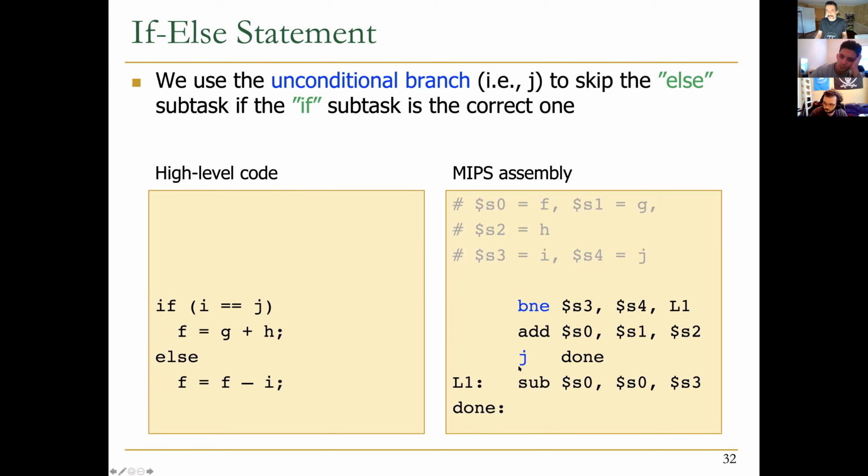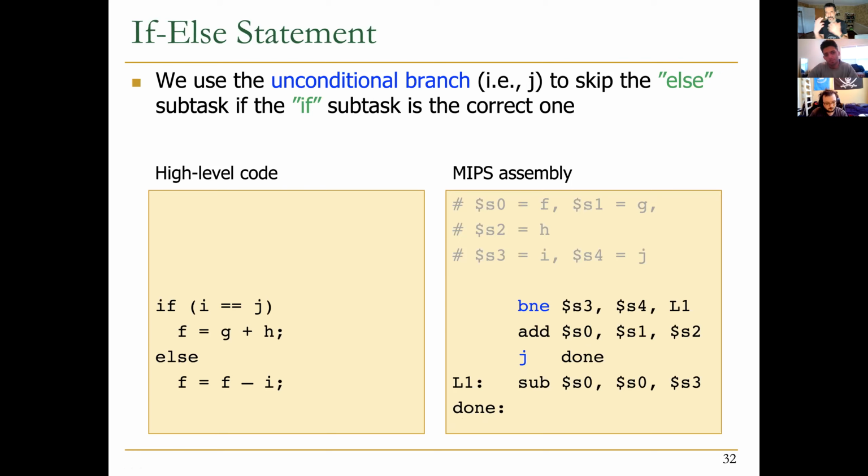So we need to skip that part. How? Simple. We use jump. We already know that we should not execute this L1, so we create another label. Let's call it done. We jump to this label and we continue afterward. Is that clear?